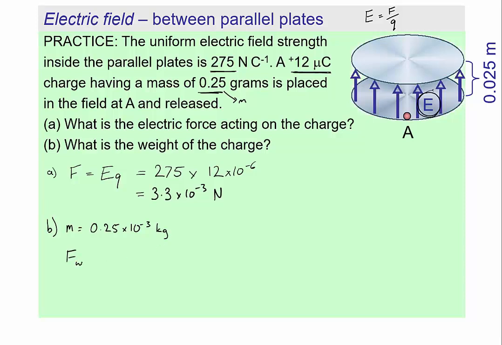The weight force is mass times acceleration due to gravity, which we can just use as 10 for now. And so what we end up with is 2.5 by 10 to the minus 3 newtons.